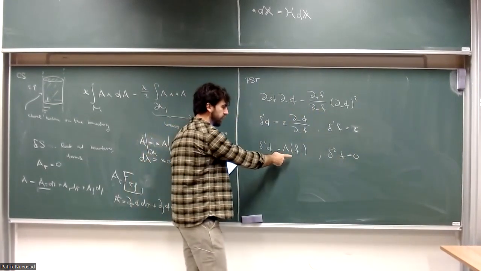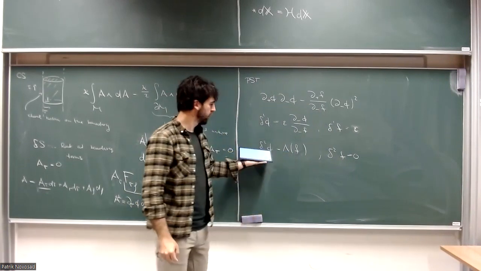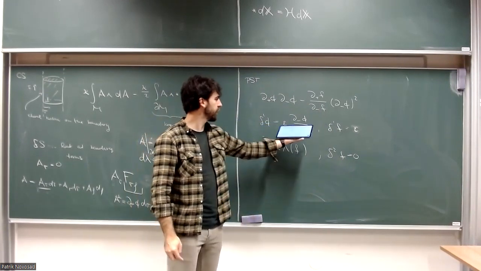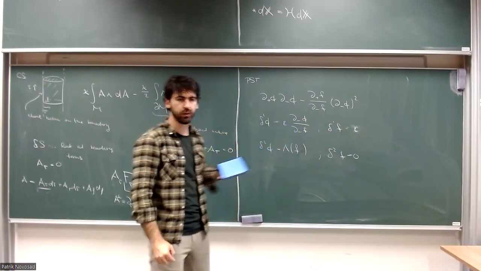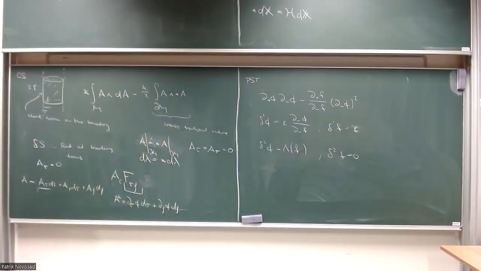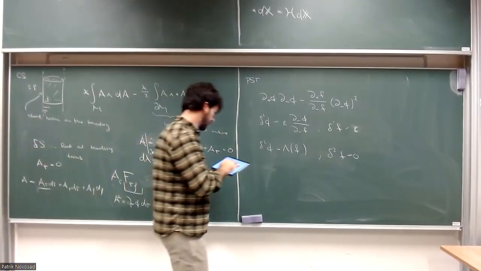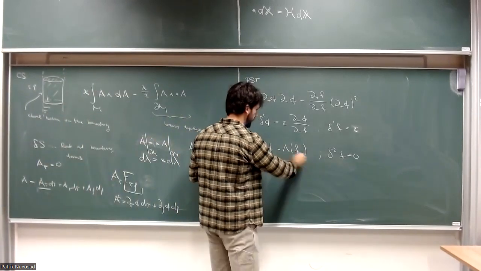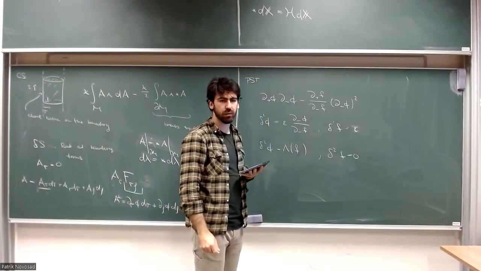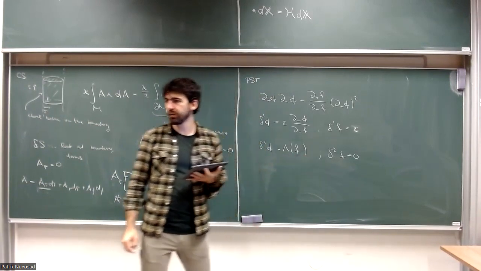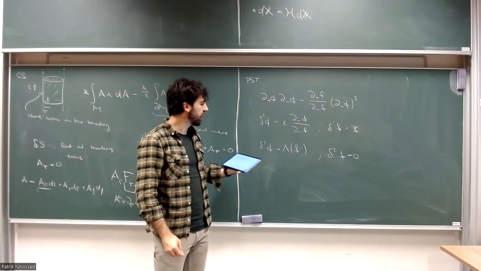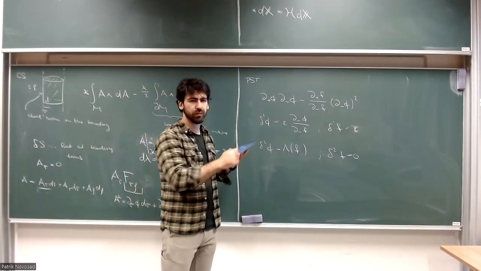This is the shift by any function of f of phi, with epsilon being a local function. That's the PST symmetry. So what is the parameter in the second? In the second one, it's just a shift by any function of lambda, where lambda is a function of f. Right, that's right.